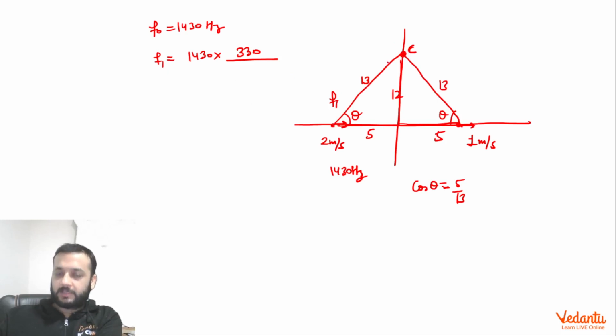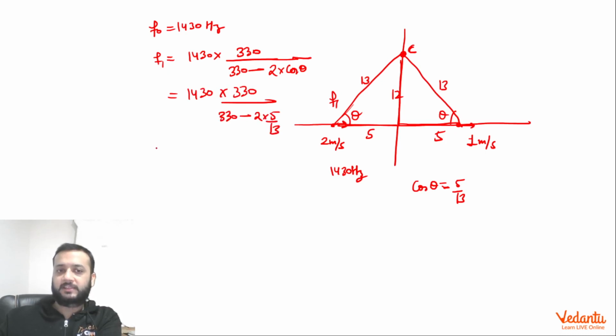So we have to take the component of 2 along this line, which is 2 cos theta. So f1 will be 1430 into 330 divided by 330 minus 2 into 5/13.